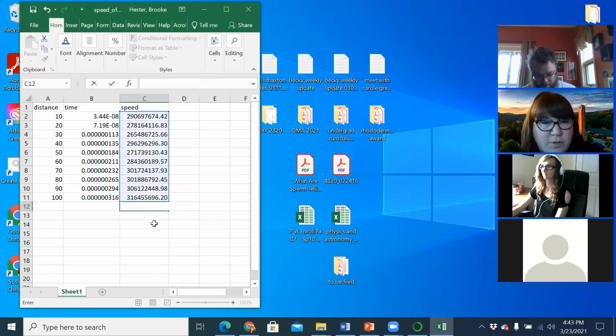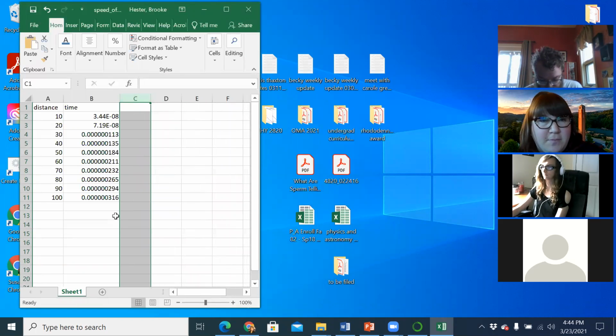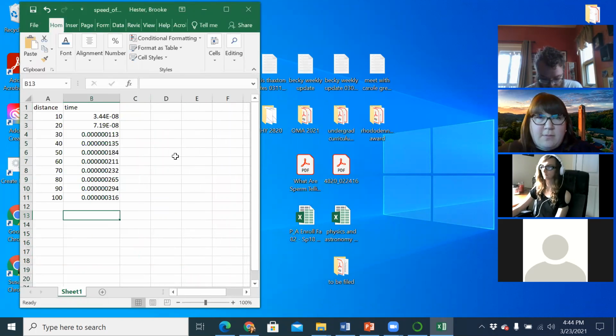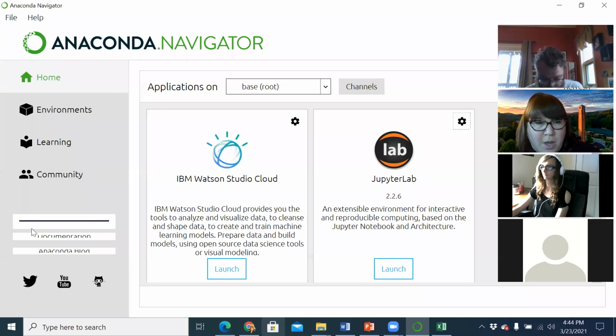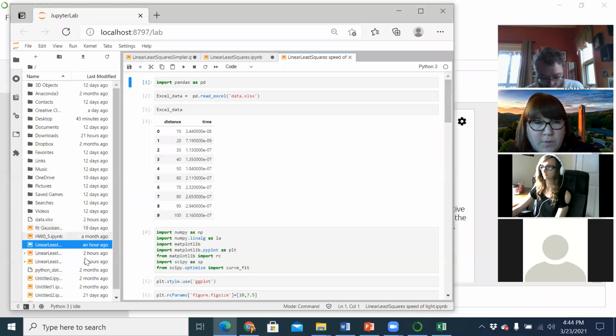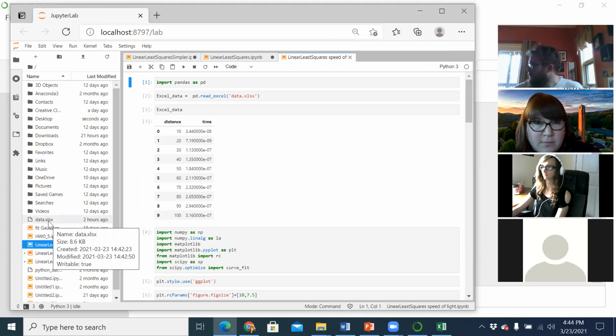I didn't put the average in there. And I didn't include the speed. Okay, so I put this exact data set. I saved this file and dragged and dropped that file into this folder region of my Python interface and called it data.xlsx.